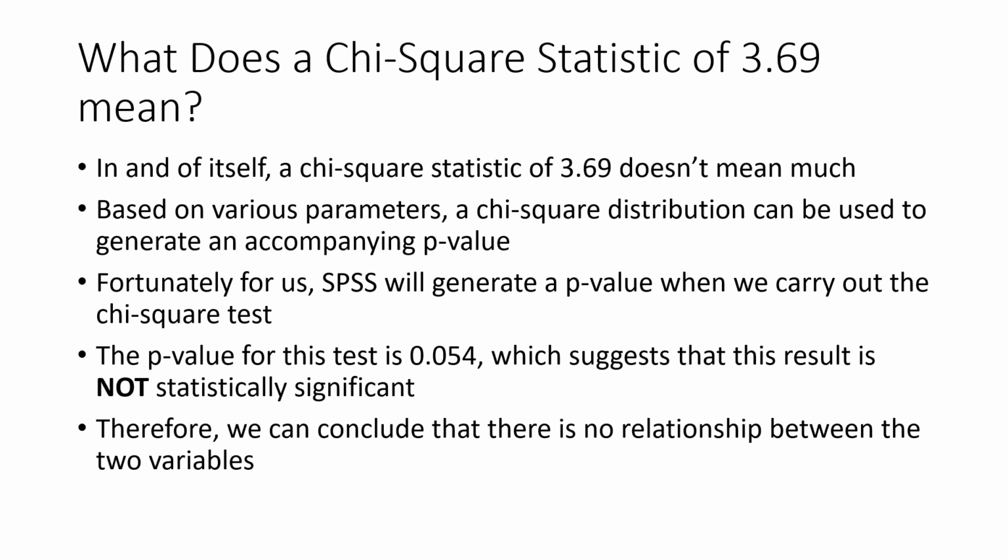Again, luckily, SPSS will do this work for us, so we don't have to do it ourselves. So I've taken the liberty of generating a p-value using this particular test in SPSS, and I've calculated a p-value corresponding to a chi-square statistic of 3.69 of 0.054.